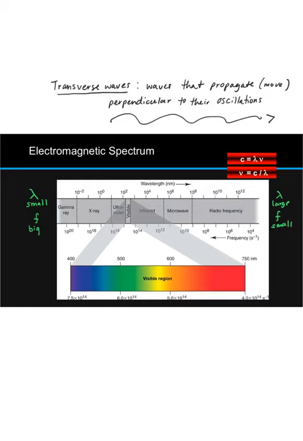This visible region contains colors that we can detect even within this small sliver, from red on the right hand, large wavelength, small frequency extreme, to blue and purple on the small wavelength, large frequency extreme.